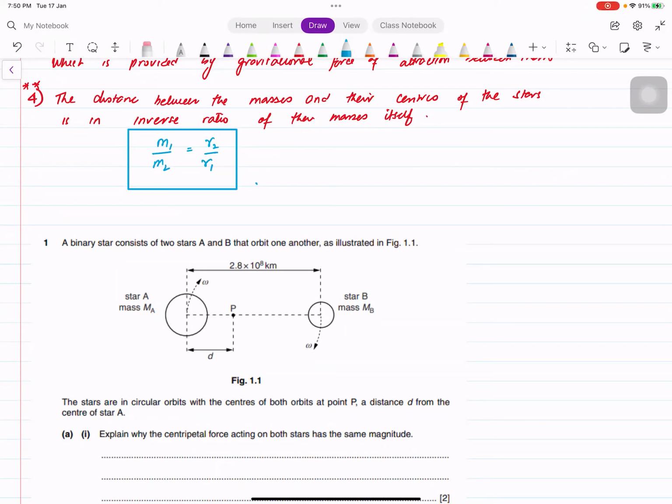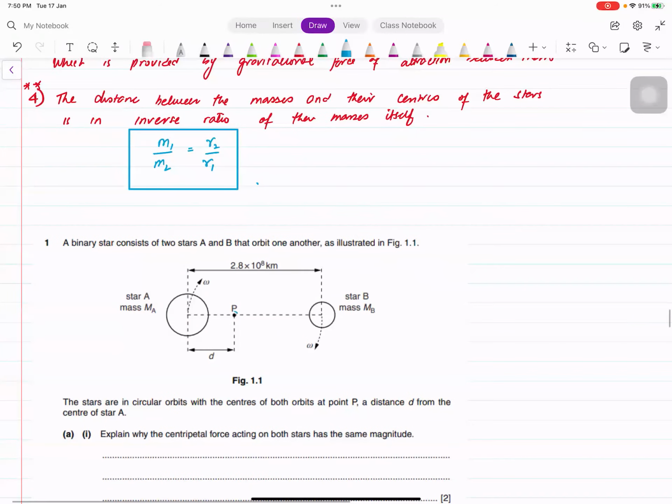So, in the next question, if you see, it says a binary star consists of two stars, A and B, and obviously, that says that stars A and B orbit each other, as you can see, and obviously, they say the star in orbit centers, and the center of them is P. Just by looking at the distance, D, can you tell me which star has a greater mass?